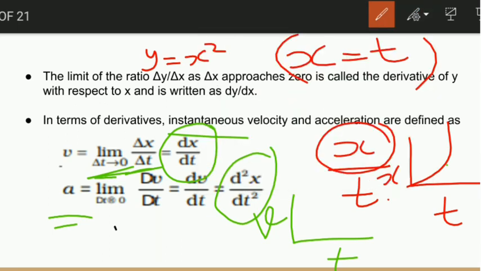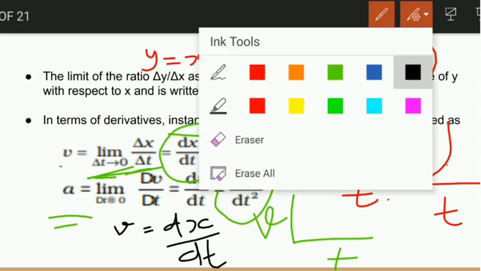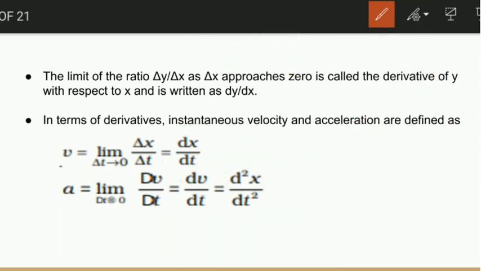You know that v is dx by dt. Now we have seen acceleration as d square x by dt square. Don't get complicated. It's actually the second derivative.